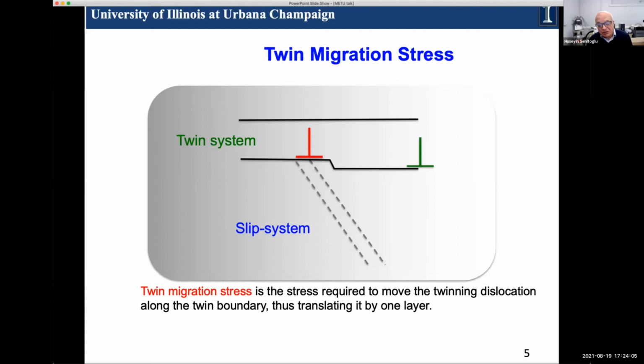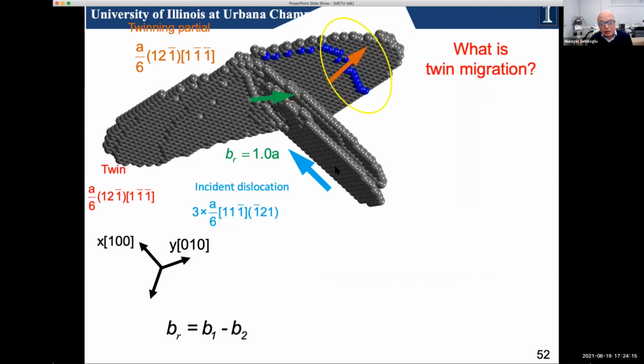Twin migration stress is the stress required to move the twinning dislocation along the twin boundary. What happens here is quite complicated, I would say. One can do a molecular dynamics simulation, yes, if we have the right potentials for very pure metals. But there are so many possibilities, so many reactions.